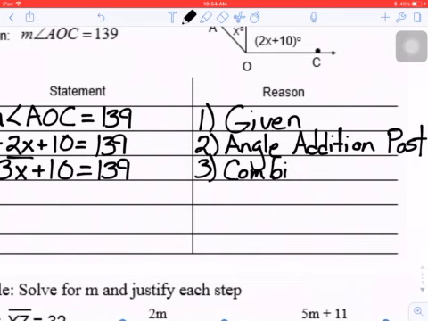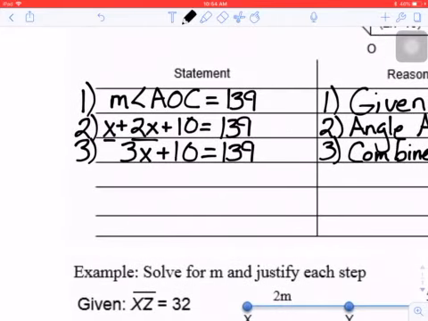That's all I've done. All right. Now, next step, after I combine like terms, you're probably saying, let's move the 10. Whatever you do to one side, do to the other. And you're going to get 3x is equal to 129.